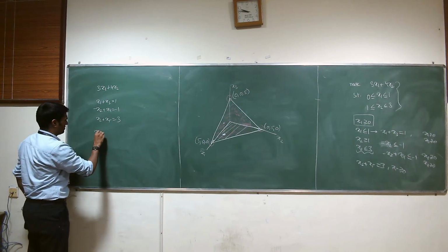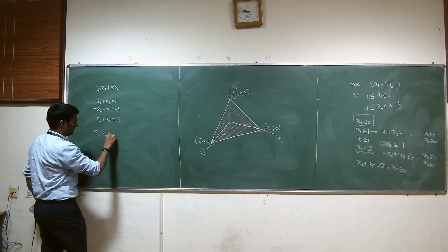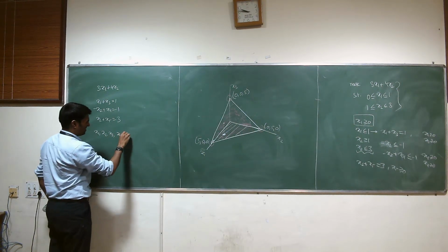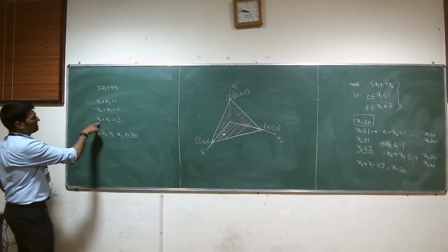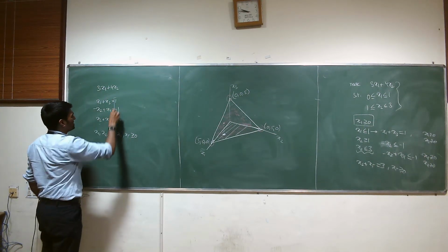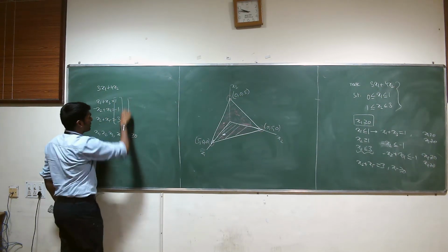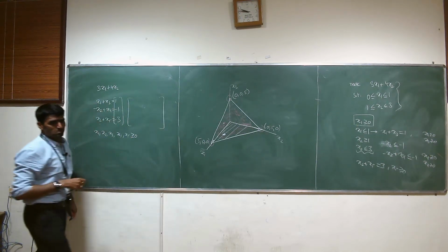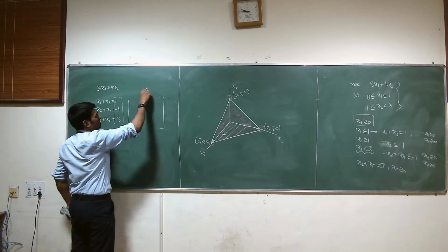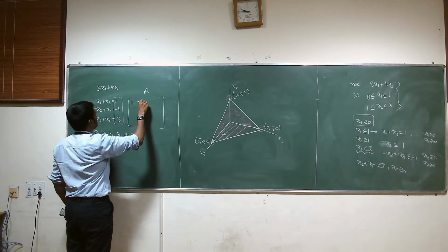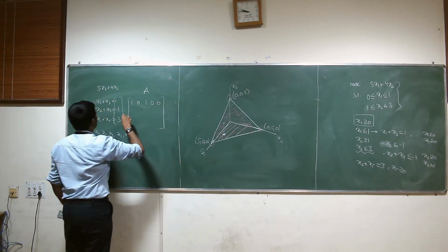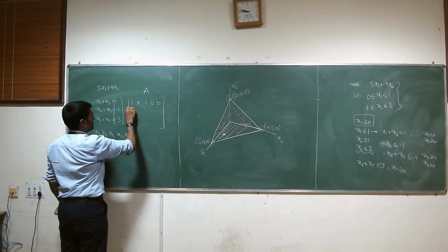And then, okay, this is your B. What is your A or A tilde? 1, 0, 1, 0, 0. 0 minus 1.